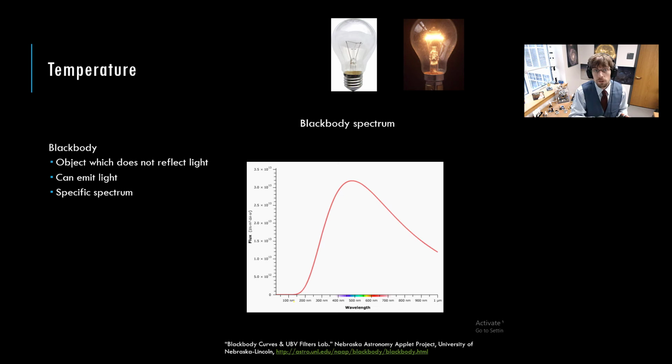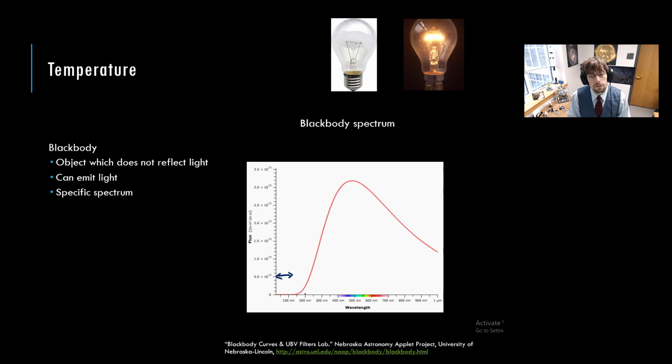And the spectrum of such an object, okay, we call it a black body, the spectrum of a black body always resembles the same shape. Okay? What you get is that for short wavelengths, high frequency, you're going to get a gap. There's not going to be very much light being emitted.